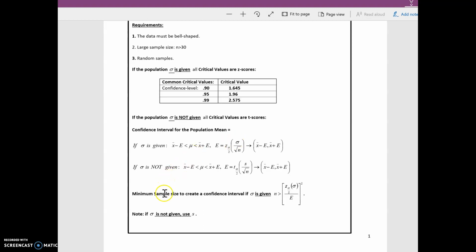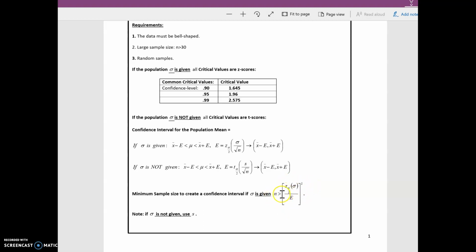Another formula that's going to show up in this section is if you're trying to estimate the actual total number of values, this is what n represents, to construct the given confidence interval. Then in this case, you end up using this formula. Now, this formula reads n is greater than this value.